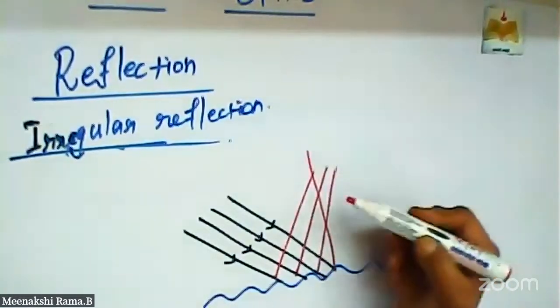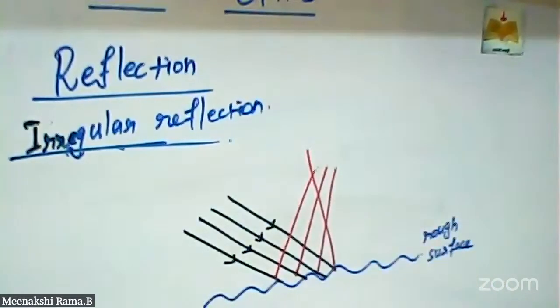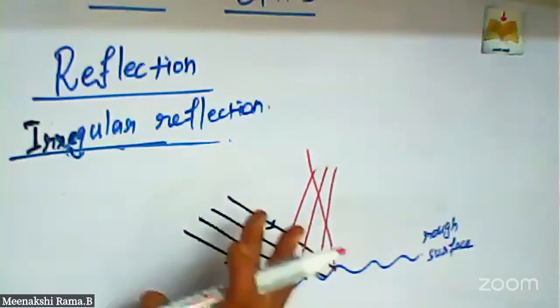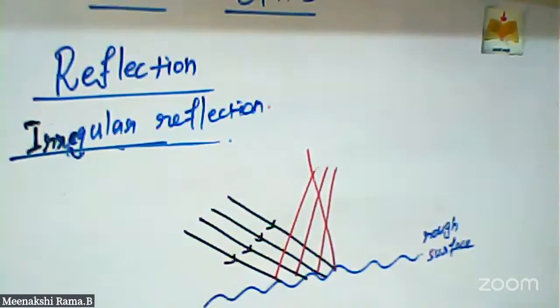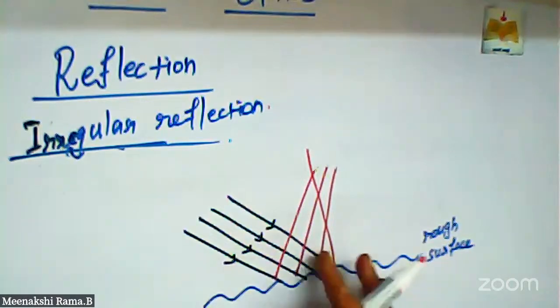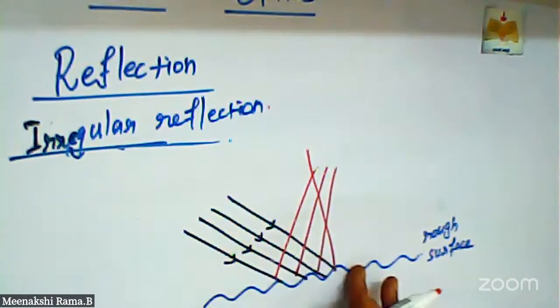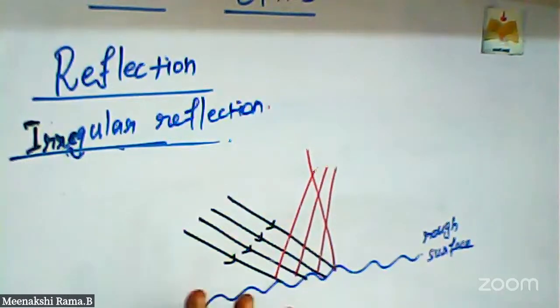So in this manner, the reflection occurs as irregular reflection. When light falls on a rough surface, the light rays are reflected in different angles. The angles are not correct, so the angle of incidence and the angle of reflection do not match, compared to regular reflection.